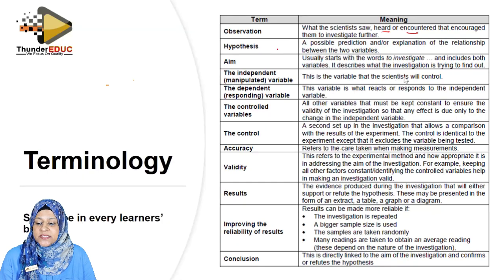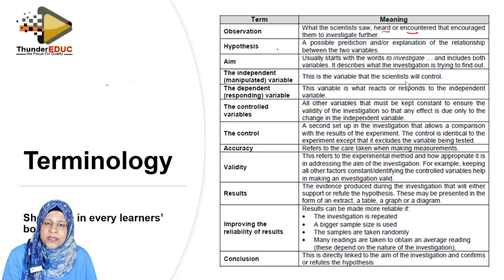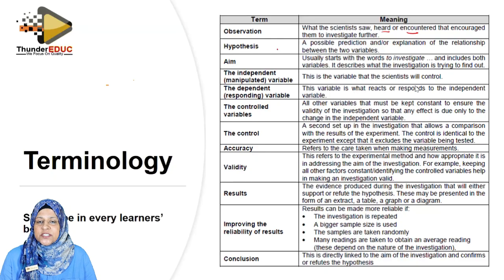So it has words, as we said, to investigate, to find out, to determine, okay? Those are the words that are usually present when we are working with the aim. Now we come to the variables. We're looking at the independent variable and the dependent variable. The independent variable is the one that the scientists control.